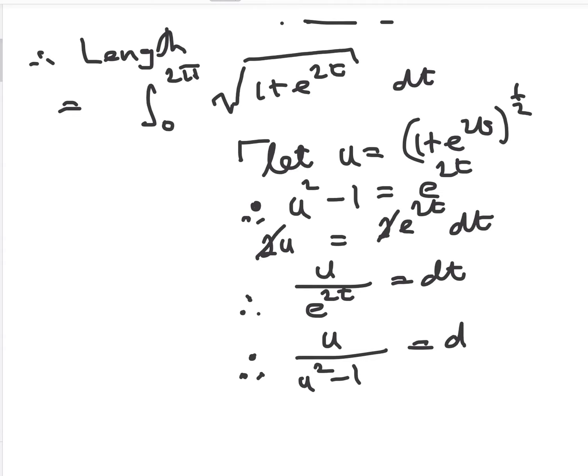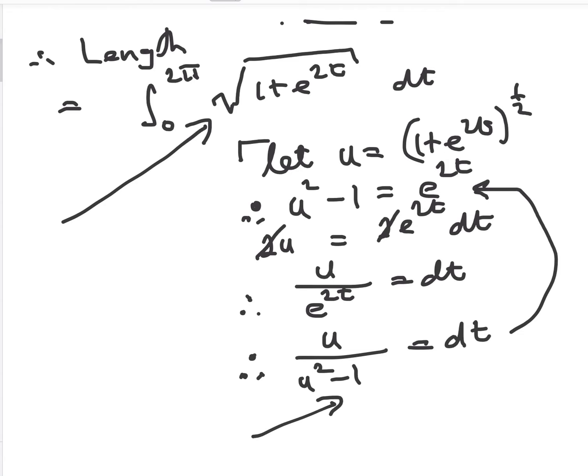This comes from that step there. Right. So we're replacing in the integration of the length, in that integral there, the square root of 1 plus e to the 2t is u, and the dt will be replaced by what we have here.